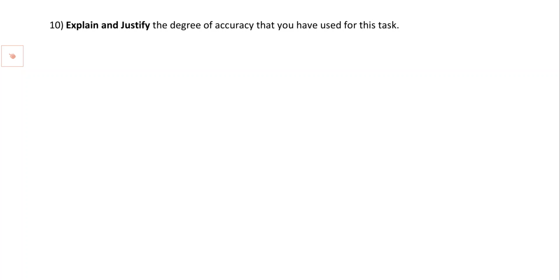So to what accuracy is centimeters? Hundredths, yeah? 2 decimal places. So you would say the degree of accuracy that you have used, hopefully you stuck to the 2 decimal places. If you said at some point I left it to more than that, someone did mention that if you didn't use more than that, your value for A might be a little bit different, which is fine.